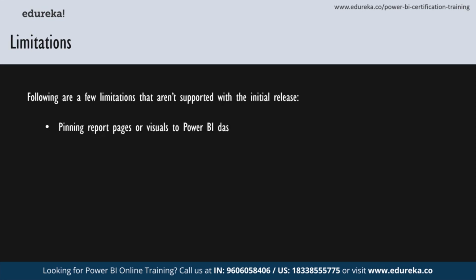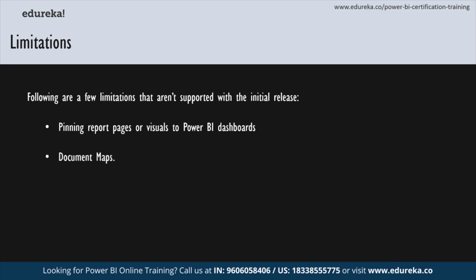Now, a couple of limitations and considerations that you have to understand. There are some features that aren't supported in this initial release. Firstly, pinning report pages or visuals to Power BI dashboards. I mean, you can still pin visualizations to the Power BI dashboard from an on-premises paginated report on a Power BI report server or reporting services, but you just can't do it on the service.